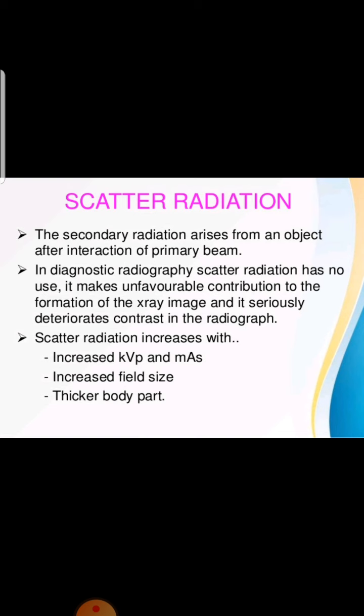So whenever you are performing your radiographic procedure, always try to restrict by collimating the field of view. For example, if you have a lumbar spine procedure to be done, always try to restrict to the spine and do not include the soft tissue, just restrict it to the spine.